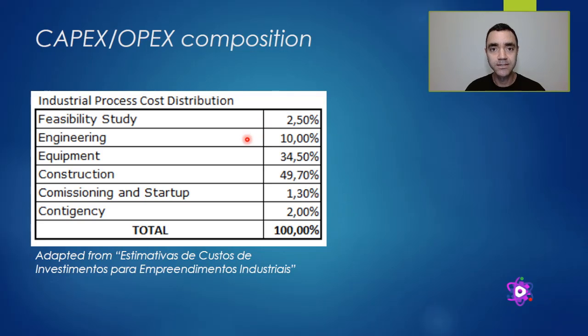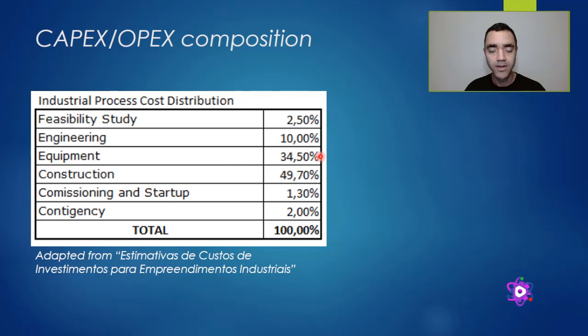For big projects, 20 million US dollars project, most often the distribution of the cost will be similar to this one. So I have a small part of the cost associated with the feasibility study. I have some part of the cost associated with the engineering, basic engineering, detail engineering.